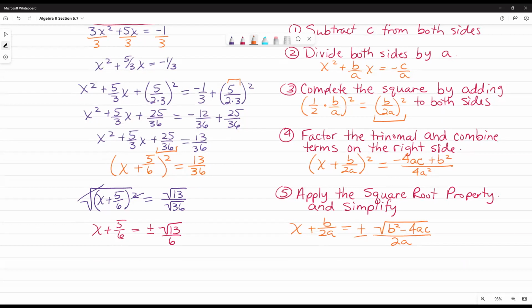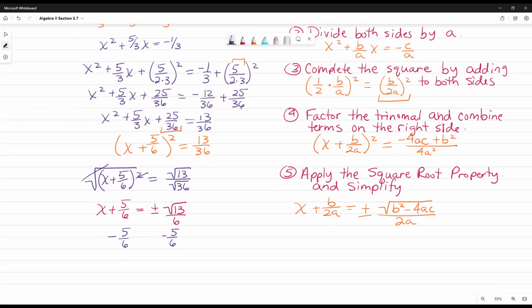All right, and so of course the last thing we do here to complete the square and solve for x, what do we have to do? We have to subtract 5/6 from both sides, and we get what? x equals negative 5/6 plus or minus the square root of 13 over 6. Now, I would definitely rewrite that as negative 5 plus or minus square root of 13, all over 6.